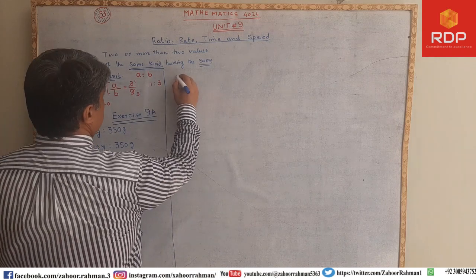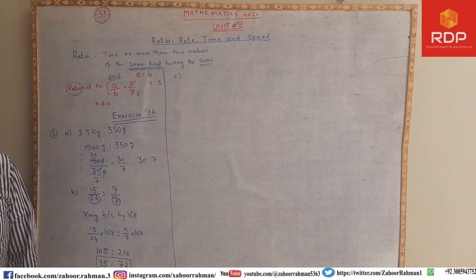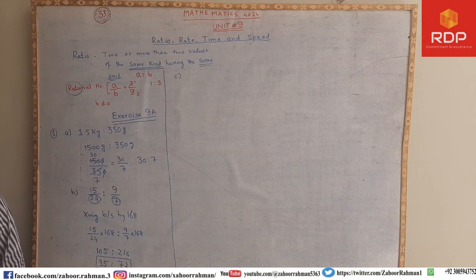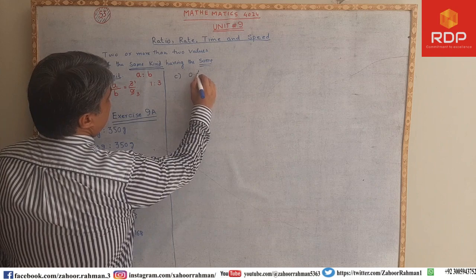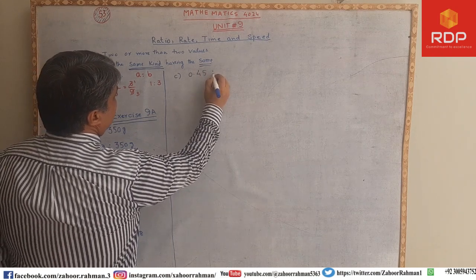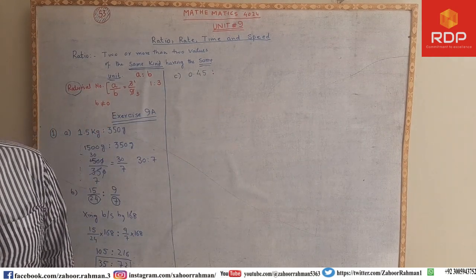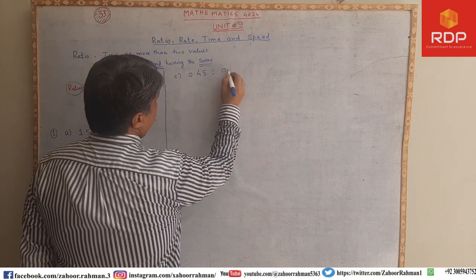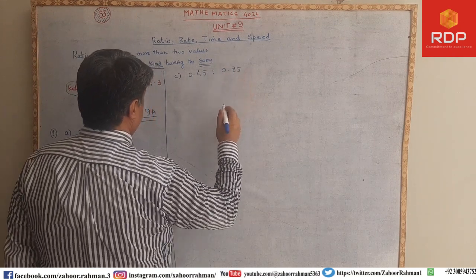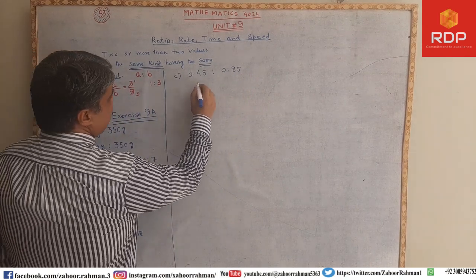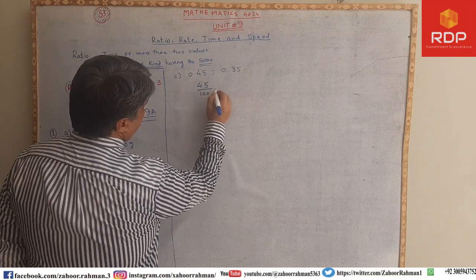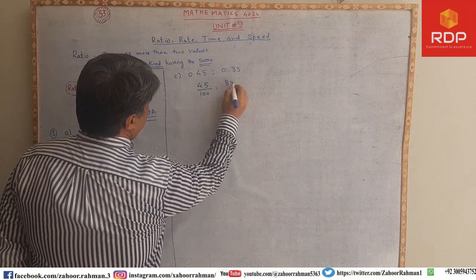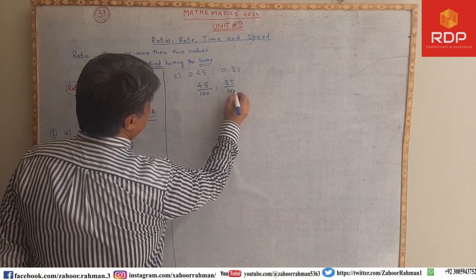So now let us turn our focus to the C part, and the C part says 0.45 ratio 0.85. Ladies and gentlemen, we can write this as 45 divided by 100 ratio 85 divided by 100. How?